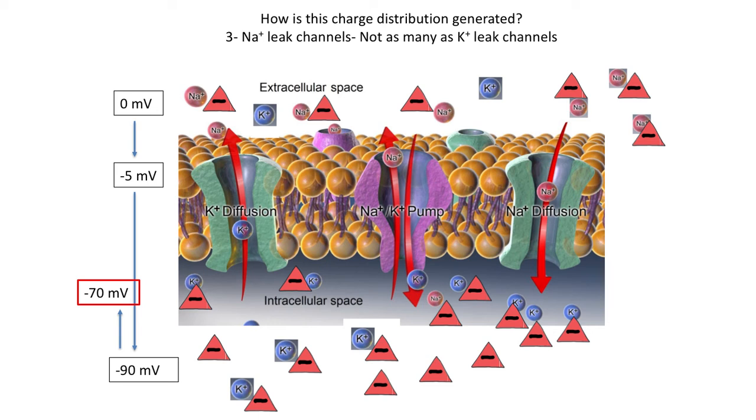But then remember that we said a lot of negative charges accumulate inside the cell, and that's a force of attraction to sodium coming in. So not only can sodium move down its concentration gradient, but because of these negative charges, there's an added force to bring sodium in.